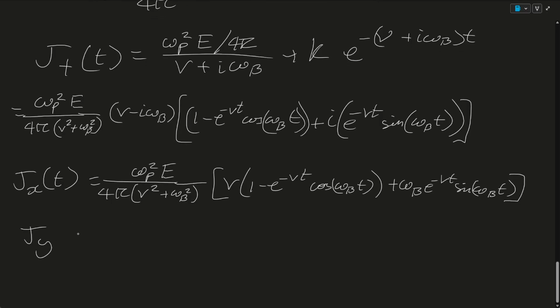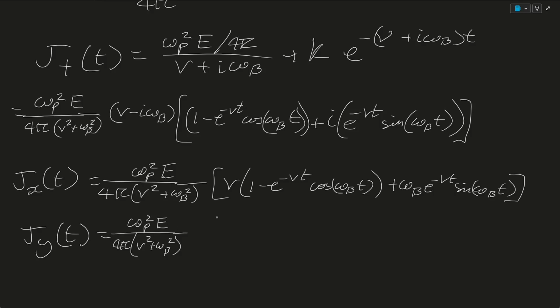And then j y of t is omega p squared e over 4 pi, nu squared plus omega b squared. Oh look, I didn't even need as much space. Isn't that wonderful? I guess I am learning to write it smaller.